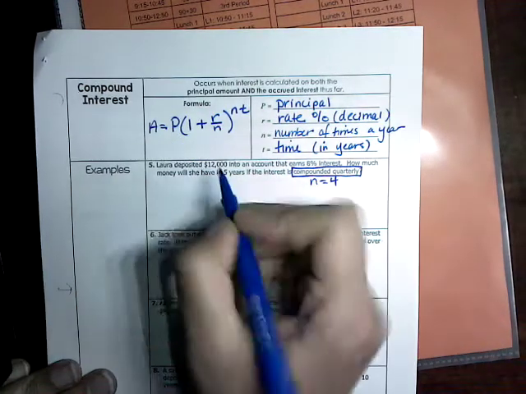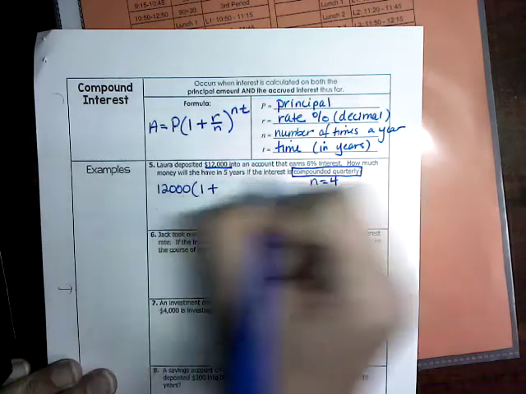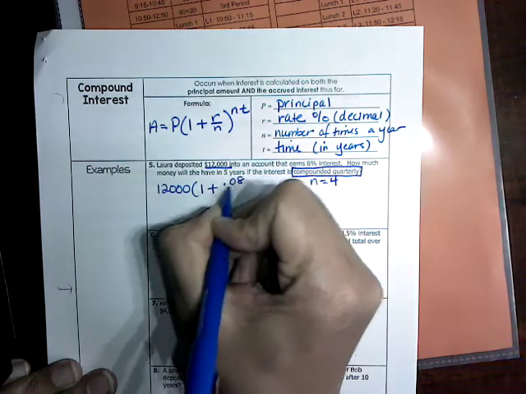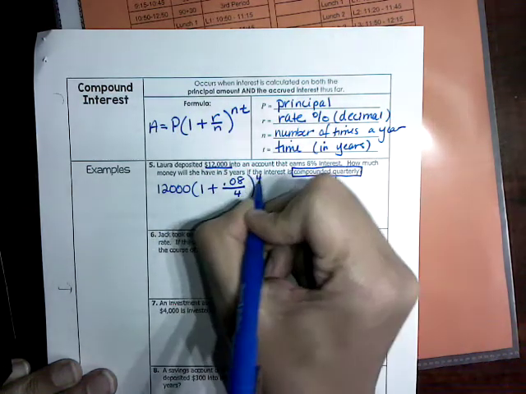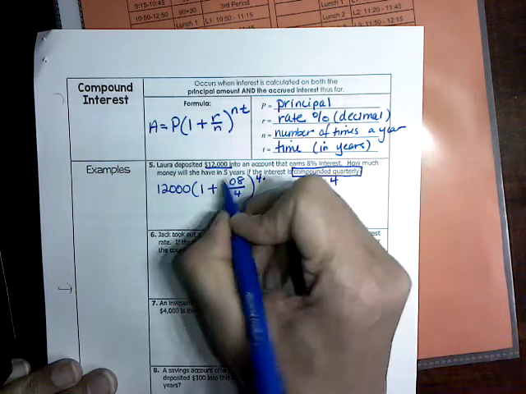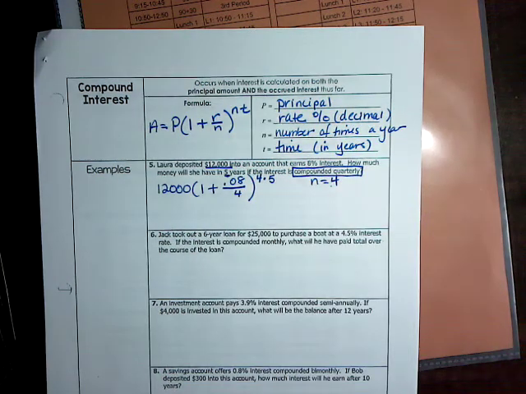So now the principal is 12,000, 1 plus the rate is 0.08 over N, which is 4, raised to 4 times the time, which is 5. So this one's pretty basic.